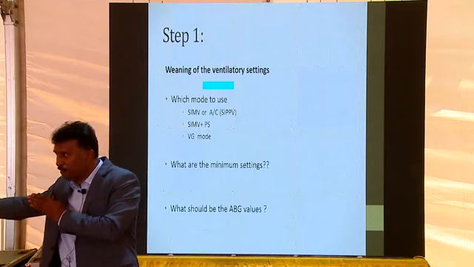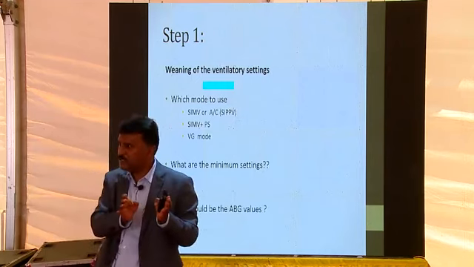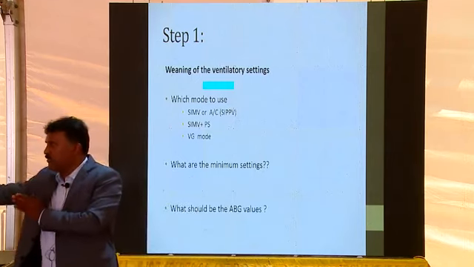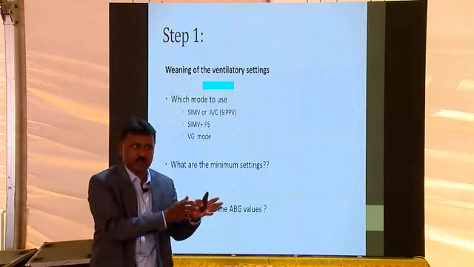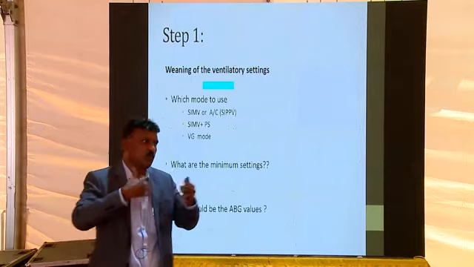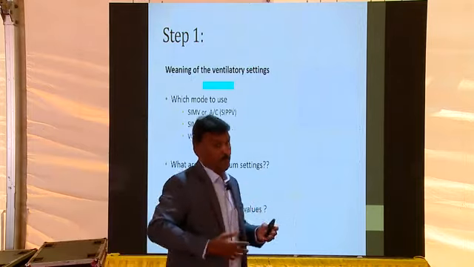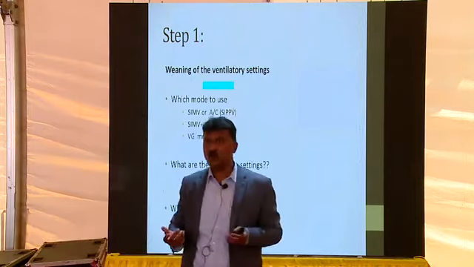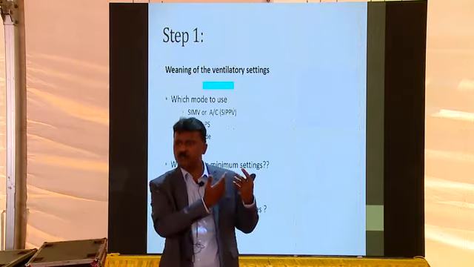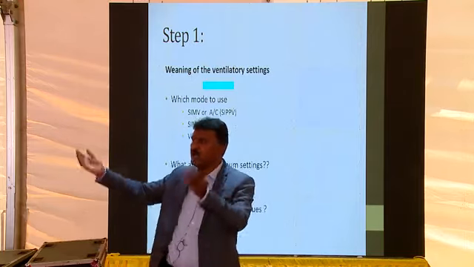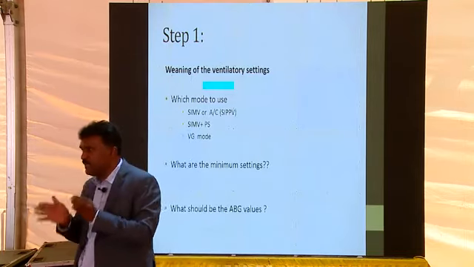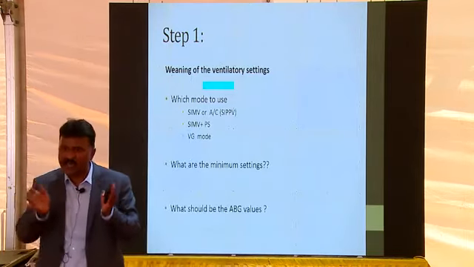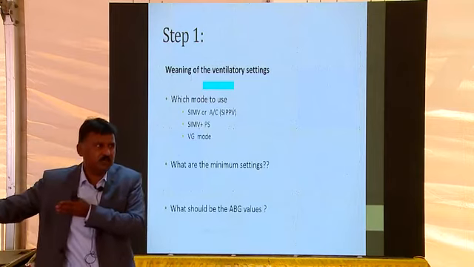Him away from complete dependence to complete independence. What am I trying to do? Making him breathe on his own. Maybe yes, it does increase the work of breathing. I weaned him off because I have allowed him to be. People who are in favor of SIMV feel it's a way to wean him off because you are giving him that autonomy to breathe.